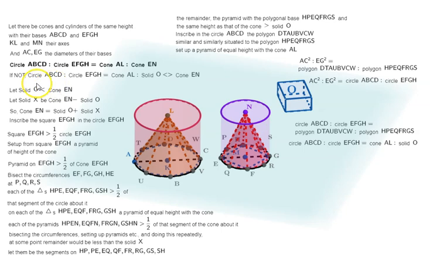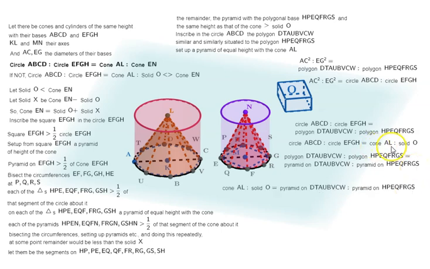But we also have this starting point: circle ABCD is to circle EFGH as cone AL is to solid O. We also know that pyramids on polygons are proportional to the polygonal bases. Polygon DTAUBVCW is to polygon HPEQFRGS as the pyramid on DTAUBVCW is to the pyramid on HPEQFRGS.